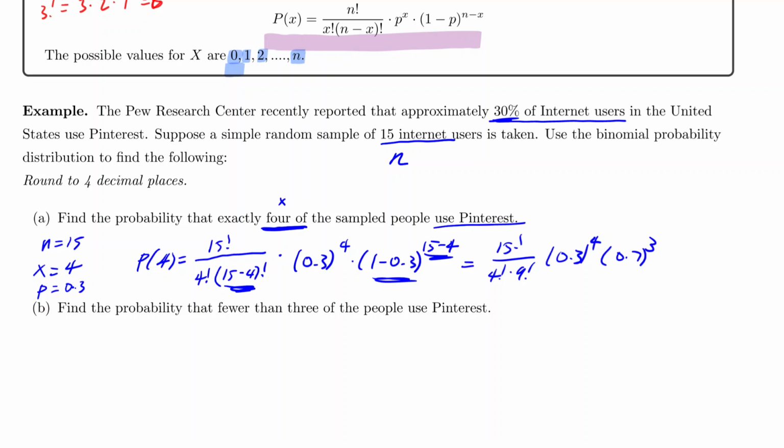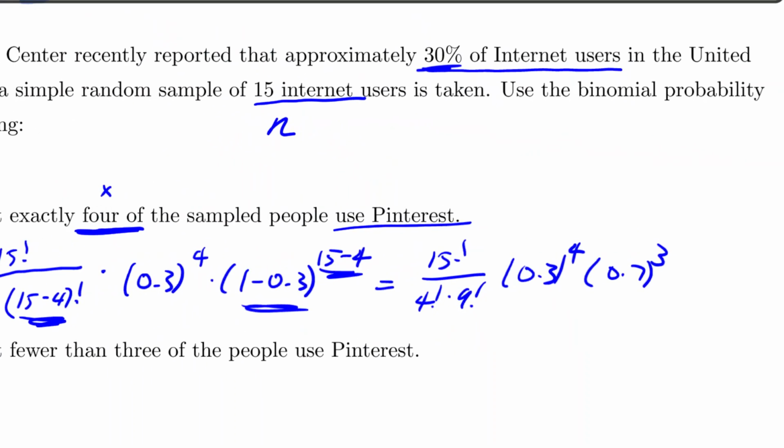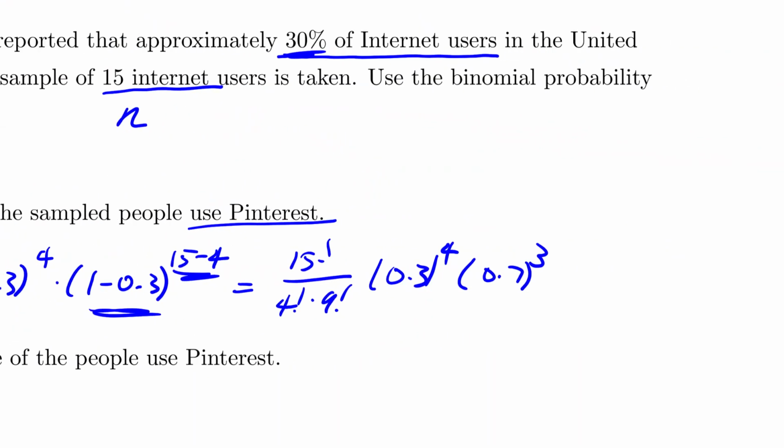Okay, so let me go over how you can type this in your calculator. It's good habit to do one at a time. So let's calculate this first: 15 factorial over 4 factorial times 9 factorial. Well, we could actually list it, not all the numbers, but at least the beginning numbers.